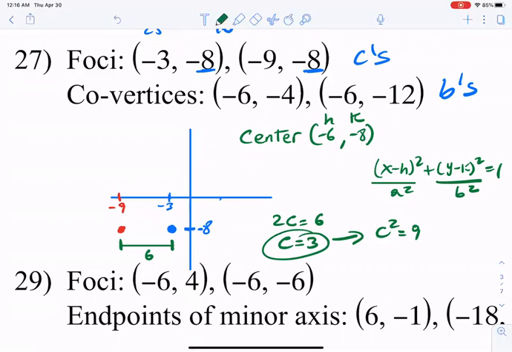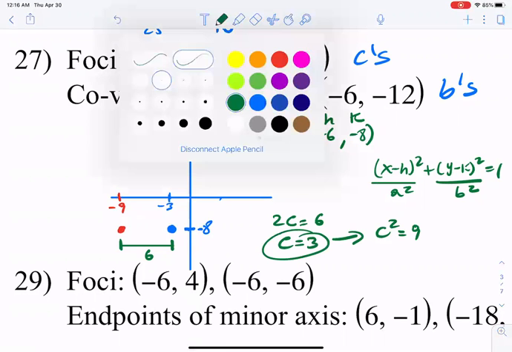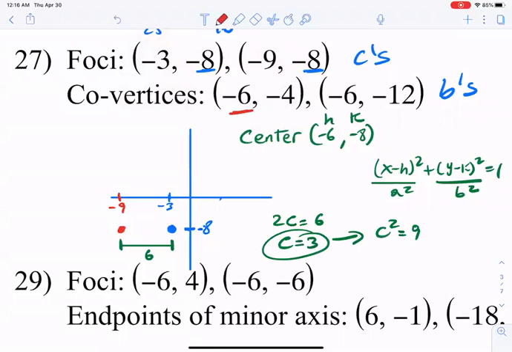And you might say, I don't need c squared, I need b squared. Okay, let's do that. So these are the co-vertices, so those are the b values. Now look at it and think about what's fixed. This guy is fixed, so that guy is not moving. I need to find out what b is. Well, what is the distance from negative 4 to negative 12? That's 8 units. So 2b equals 8 units, and if you solve for that, you get b equals 4.